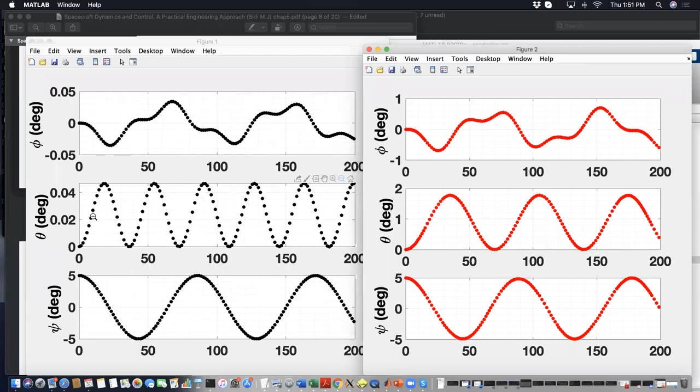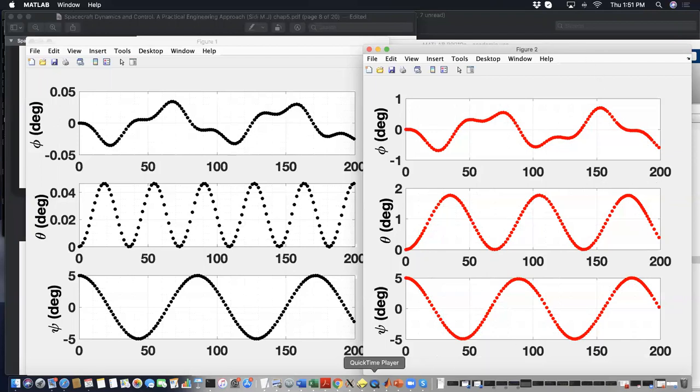So you can see here that not only do we have a smaller variation of the angle, but also we are going to have an oscillation with a larger frequency compared to what we've seen for a lower moment of inertia. So the red one is with lower moment of inertia, the black one with a large moment of inertia.